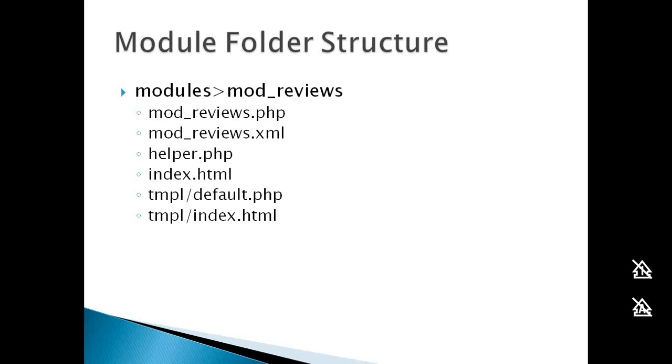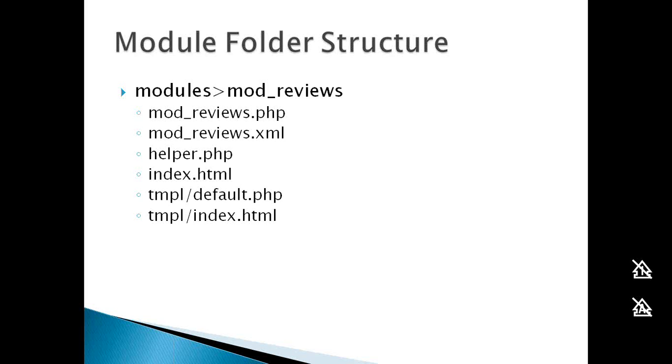In this modules folder, you would need to create another folder called mod_reviews, and in this folder you will need to create 4 different files. You can create simple empty files for now. One is mod_reviews.php, another is mod_reviews.xml, then next is helper.php and index.html.